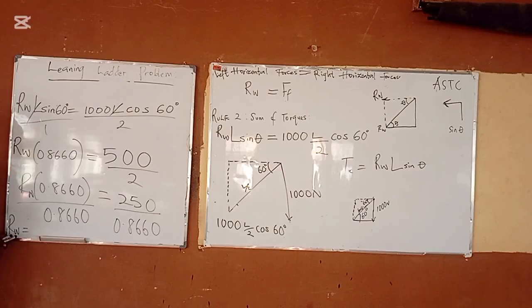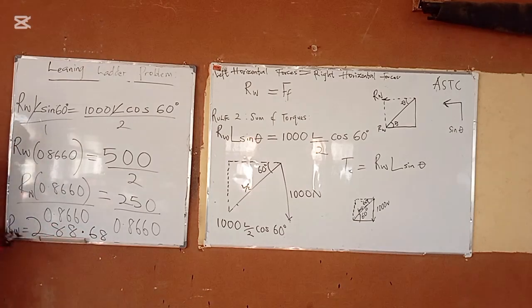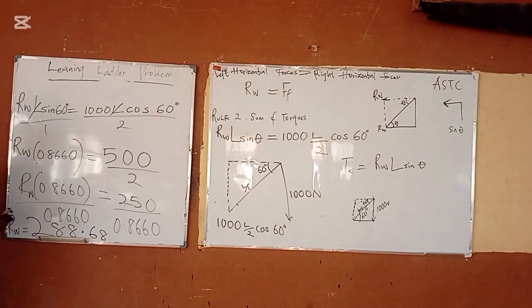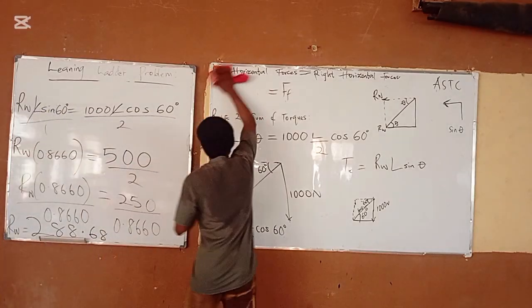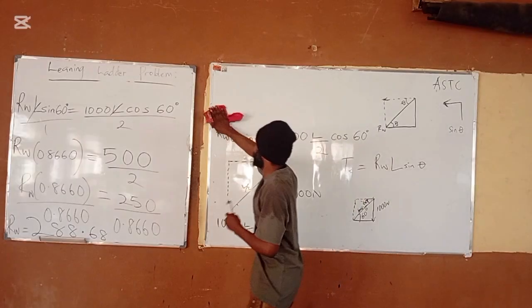Can you see the board here? Yes. 288.68, which is approximately 288.69.